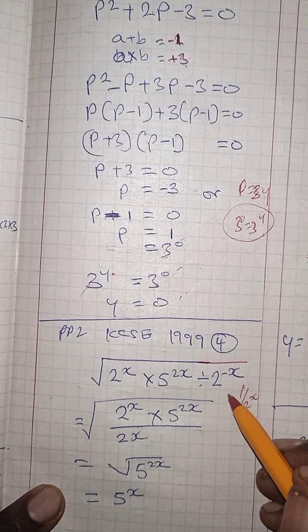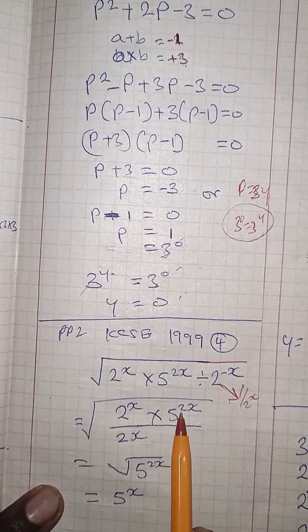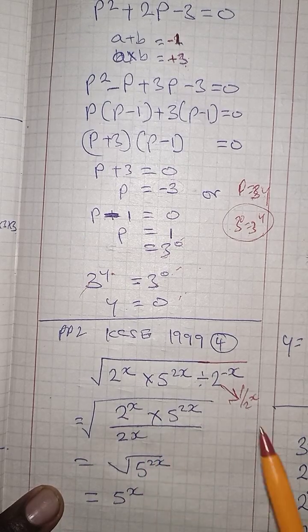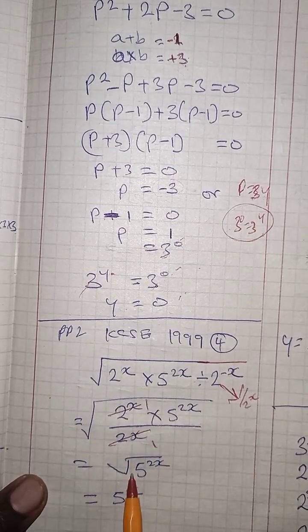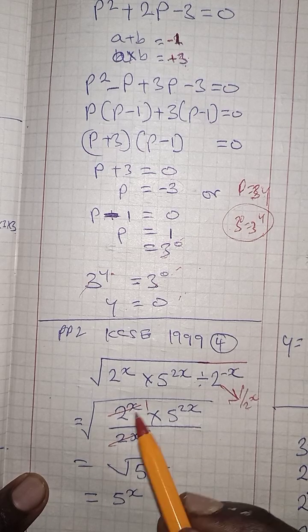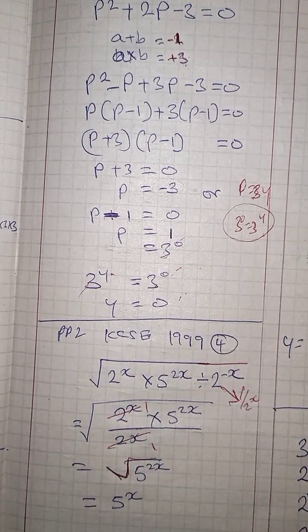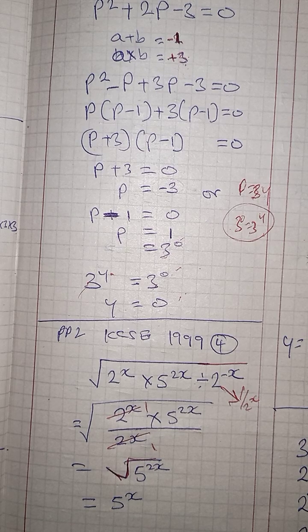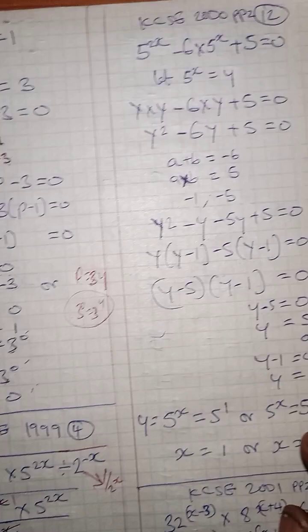Using this, we shall have 2 raised to the power of x multiplied by 5 raised to the power of 2x divided by 2^x. So this 2^x will cancel this 2^x, and we remain with the 5^2x. Now, finding the square root of a number is the same as dividing its power by 2. So if you divide this power by 2, you get 5^x. So this is the answer.